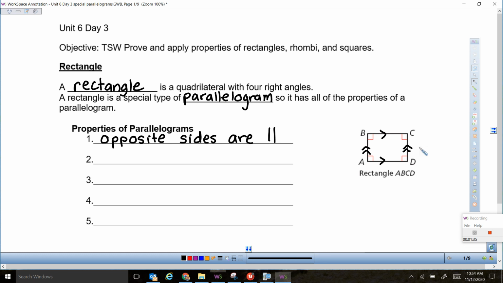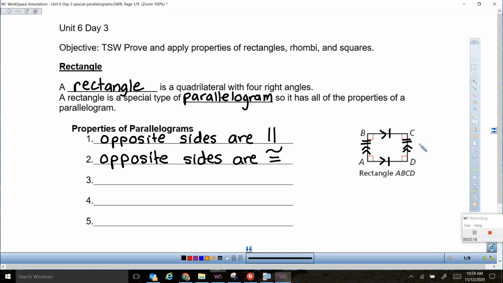Property number 2 of a parallelogram is that the opposite sides are congruent. So if I mark my diagram, that means that the top side is congruent to the bottom side, and the left side is congruent to the right side.